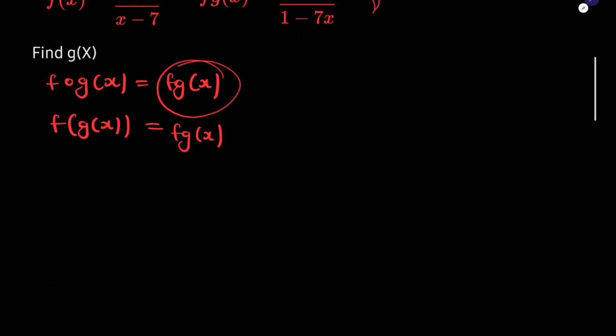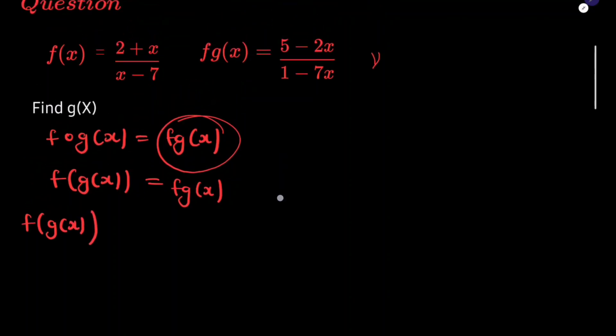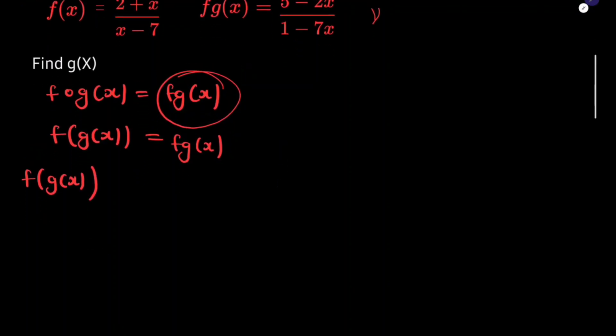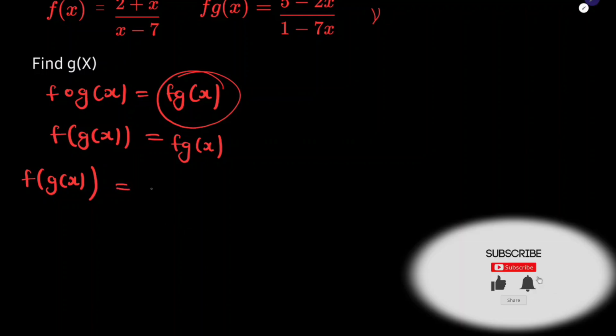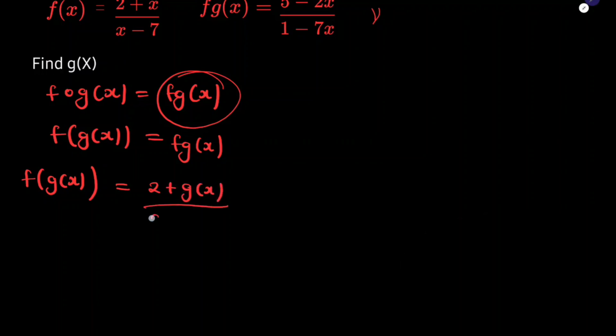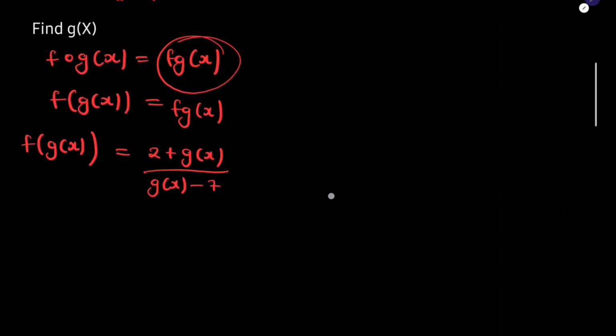Okay, so now f of g of x, we are going to substitute g of x for x in the f of x equation. So it's going to be (2 + g of x) divided by (g of x - 7).